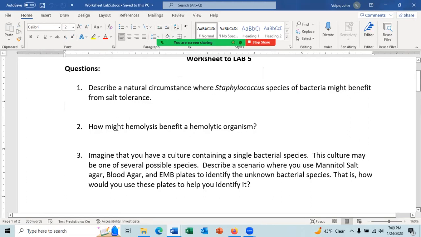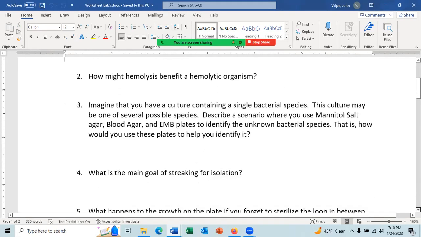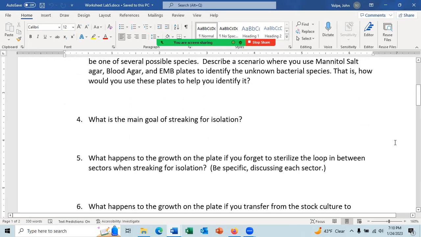And then question 2, how might hemolysis benefit a hemolytic bacteria organism? So we have a bacteria that can lyse the blood cells, hemolytic activity. And what benefit does that give the bacteria? And 3, imagine you have a culture containing a single bacterial species. The culture may be one of several possible species.